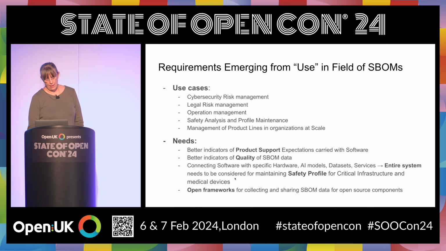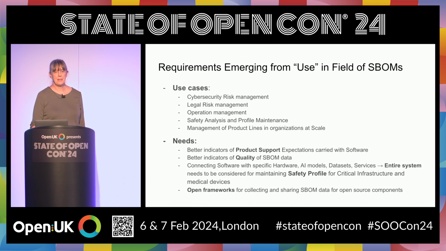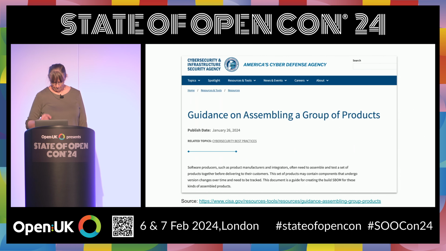So these are all going to be needed for the safety profile, for critical infrastructure and medical devices at least. I suspect otherwise too. And another desire is having open frameworks for collecting and sharing the SBOM data with the open source components. These are things that I've seen as trends, and I suspect there are others too. And like I say, happy to have discussions on this.